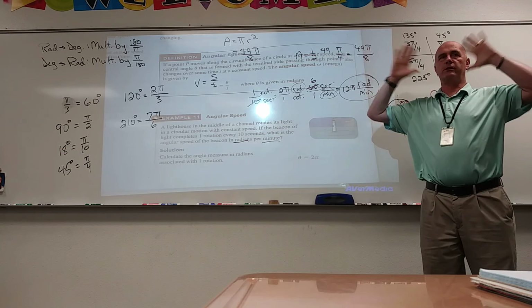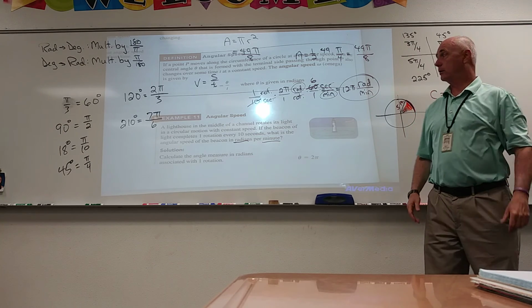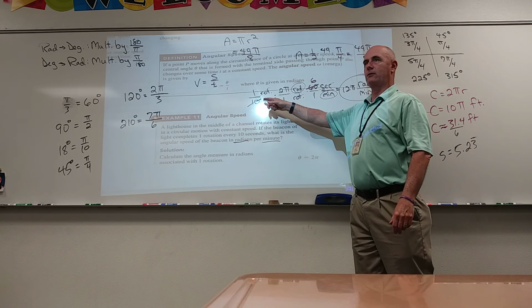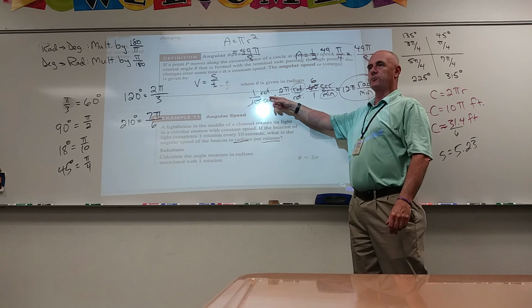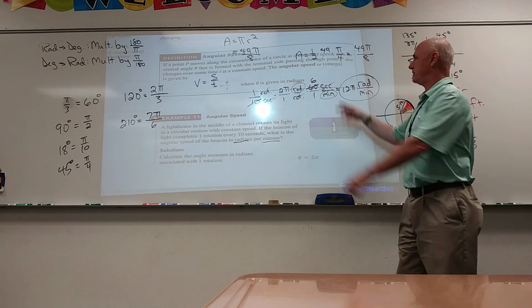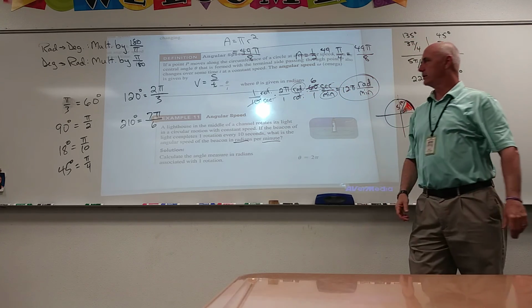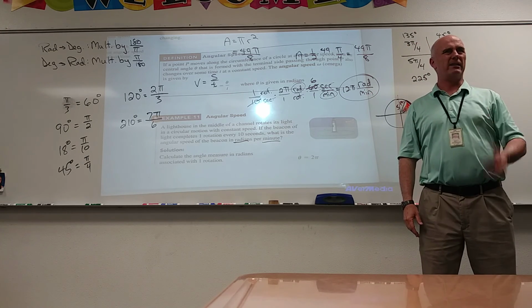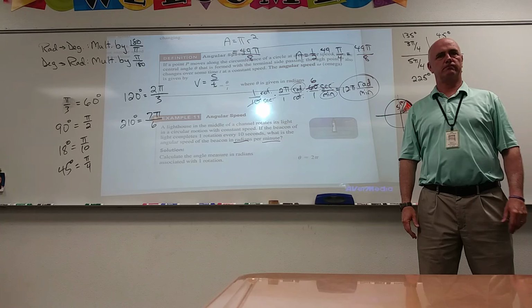Because I promise you, in the grand scheme of things, it will help. All right? I'm trying to get radians per minute. I have rotations per second. Well, I know how to get from seconds to minutes. I can just multiply by 60 seconds over 1 minute. Seconds cancel. We're good there. And then, just like we talked about. But try this. Okay? I think it will help.